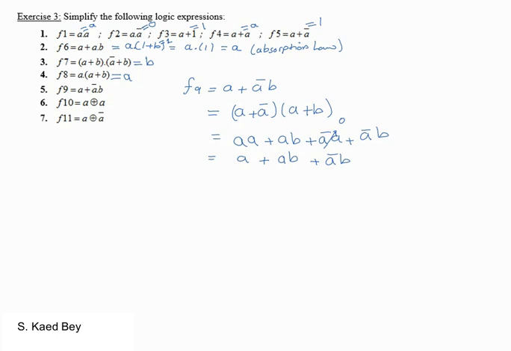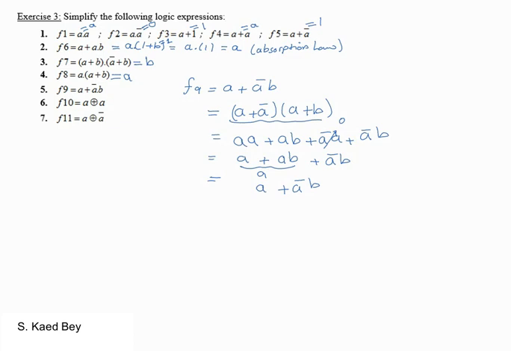Now we know from the absorption law that A plus AB actually is A. So this is A plus A bar B, just to prove that this can be written as such. Now we prove that A ORed with A bar B can be represented with this.